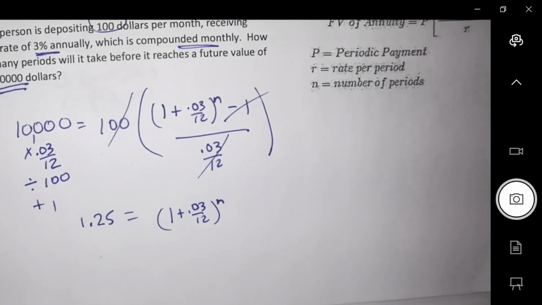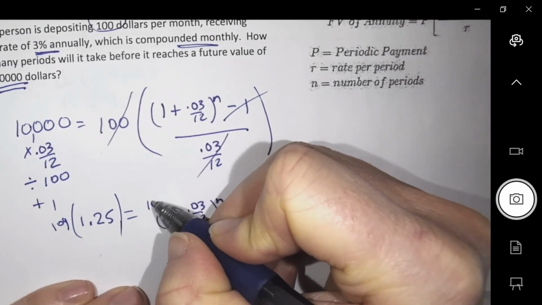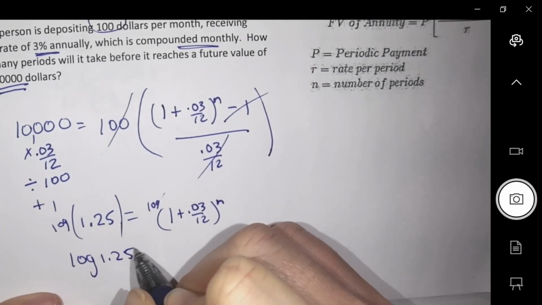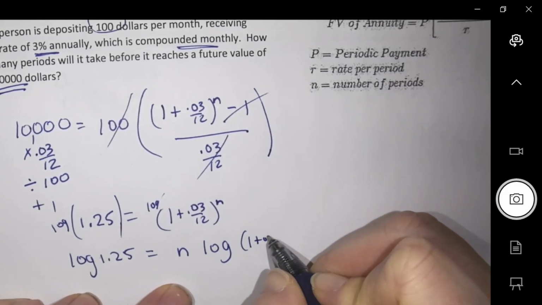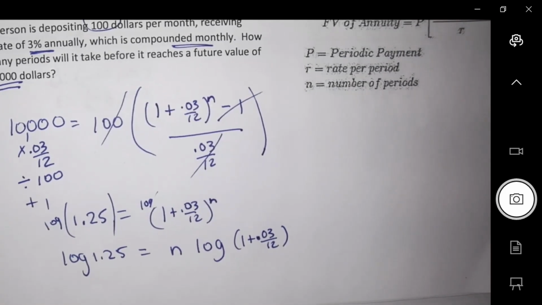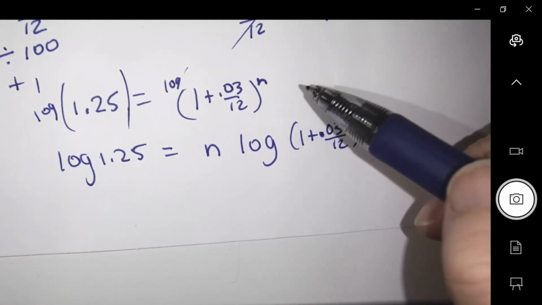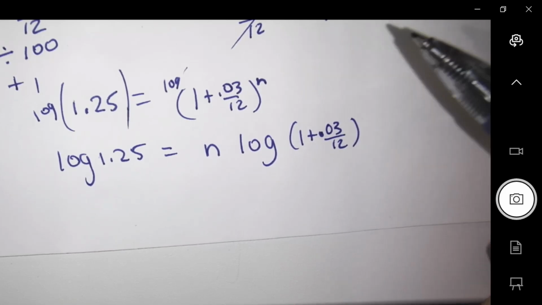This is exponential, which means I'm going to log both sides. Once I log both sides, that n gets pulled to the front, and that's the piece that helps me solve.